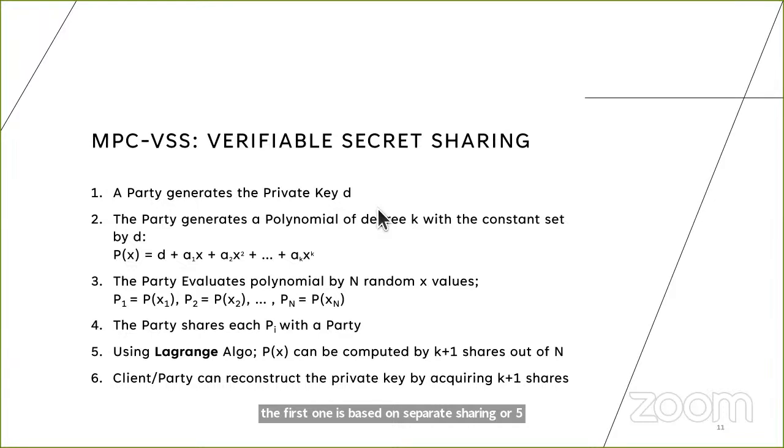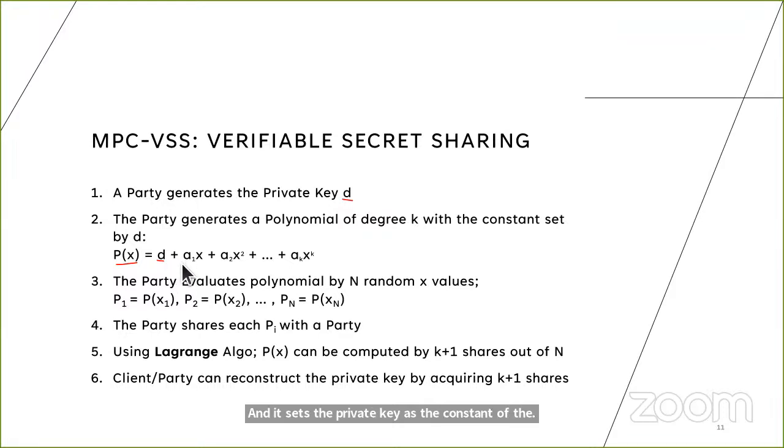In this type of MPC wallet, we have a party which is a kind of dealer party that generates the private key, and we call it D. Then the party generates a polynomial of degree k, p of x, and it sets the private key as the constant value of the polynomial.